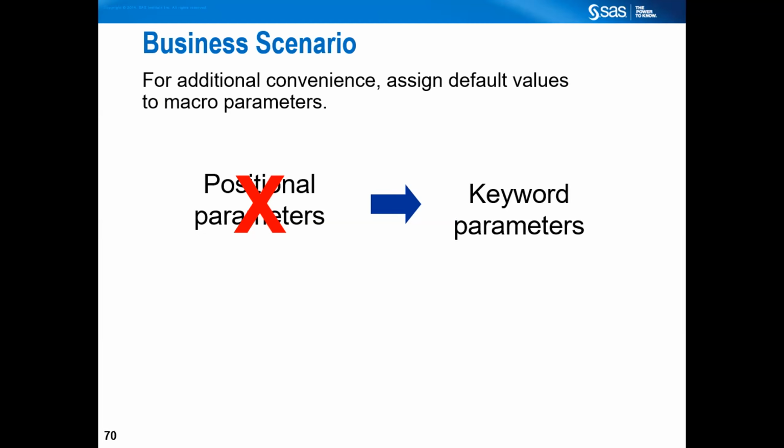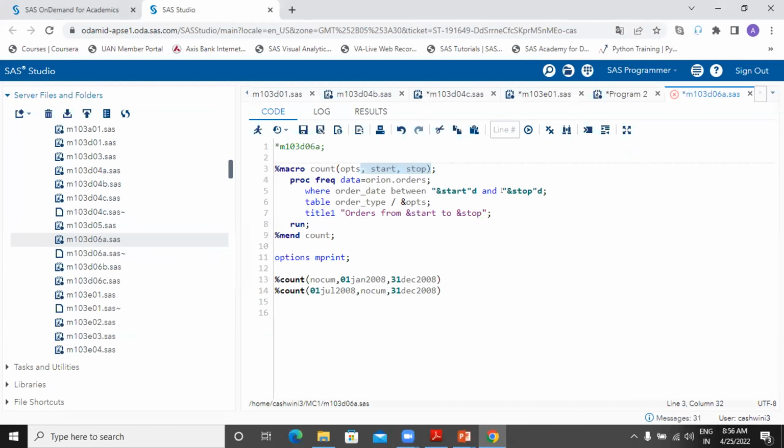Okay, let's move on. So now what is positional and keyword? With positional, the positions while calling should be fixed. So now let's make your macro more flexible. While creating it, I provide the default values, with a keyword and an equal sign.